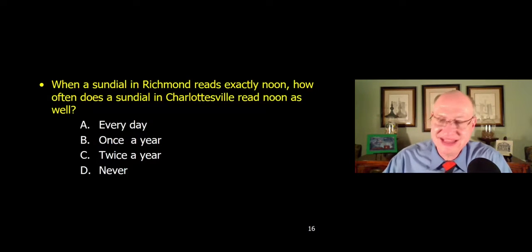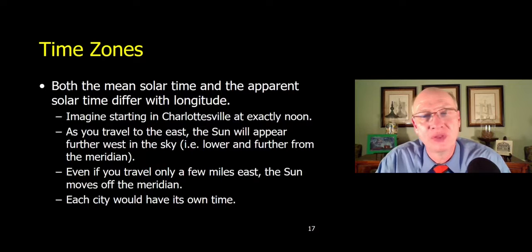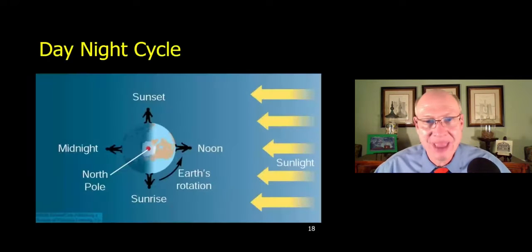All right, let's find out the answer to this one. It turns out that both mean solar time and apparent solar time differ with longitude on Earth. So imagine that you're in Charlottesville and it's exactly noon. As I travel towards the east, I'm traveling towards parts of the Earth where the sun is no longer high in the sky.